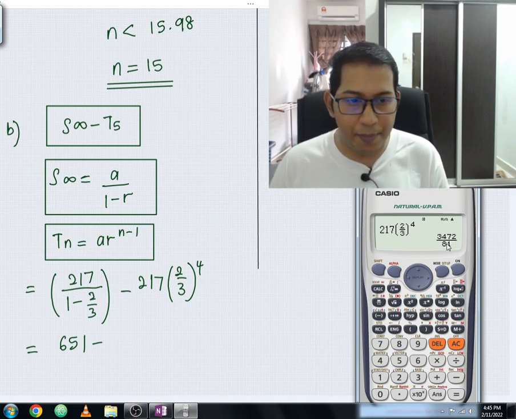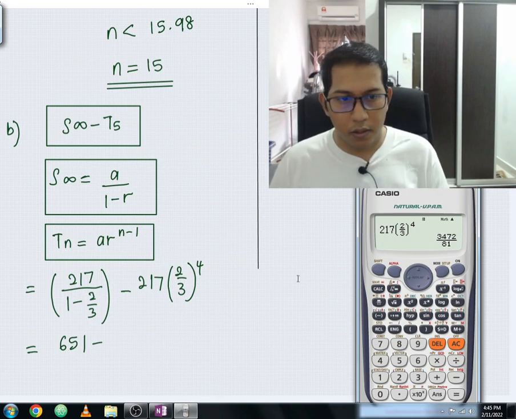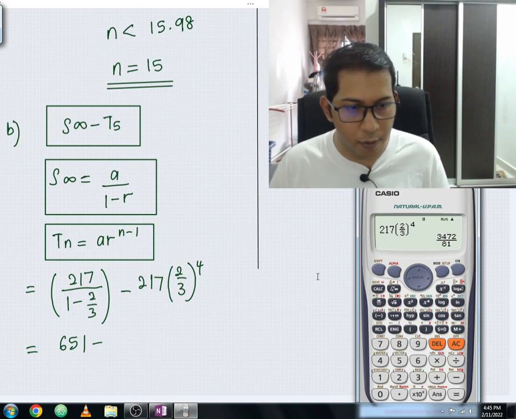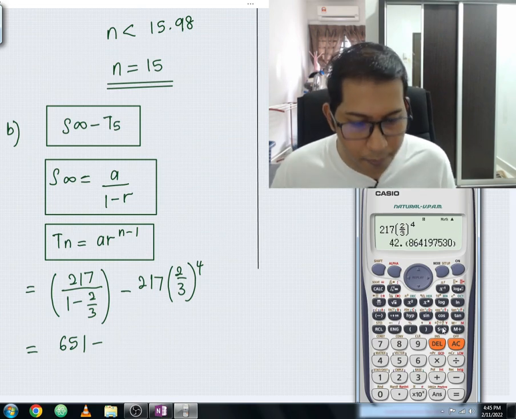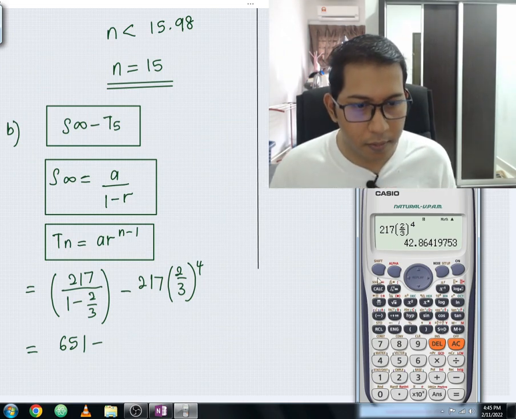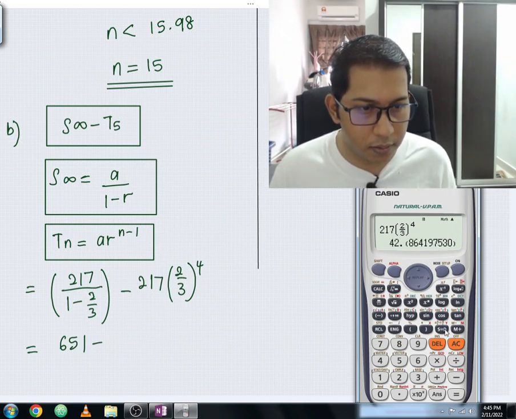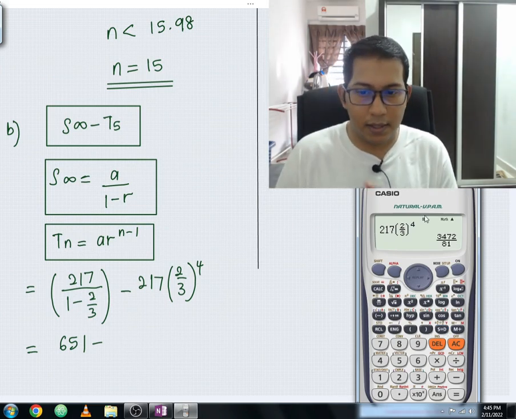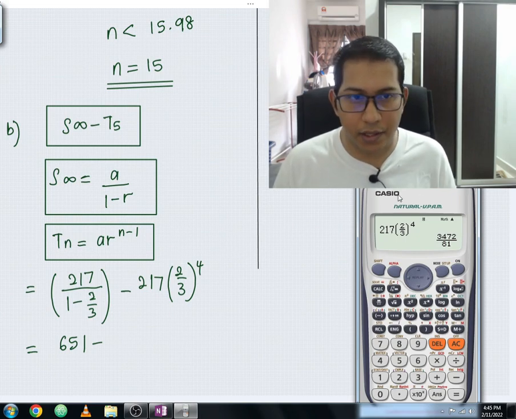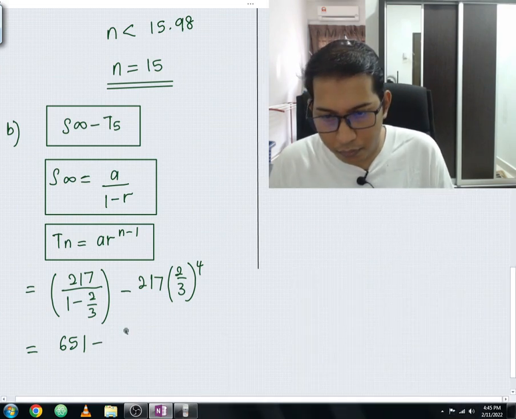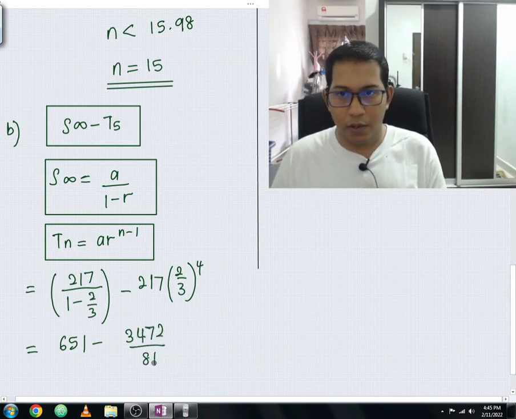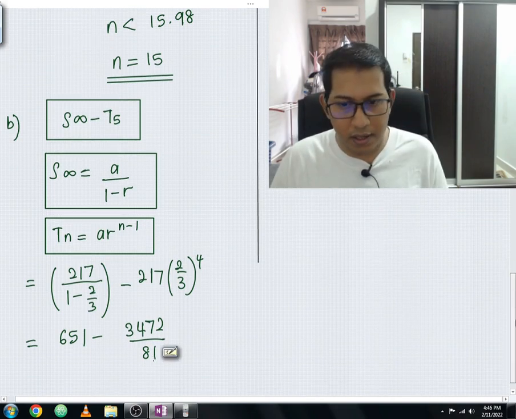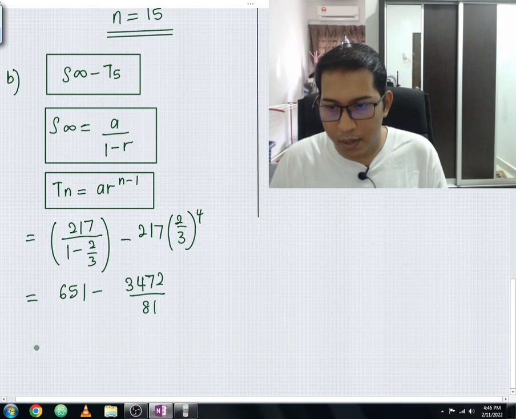For this working I prefer to solve in fraction form for a more accurate result, but if you want to give it in decimal that is also fine. Just give your answer in this way. Either way it is acceptable, guys, but preferably you give it in fraction form. So it will be 3472 over 81. So 651 minus 3472 over 81.